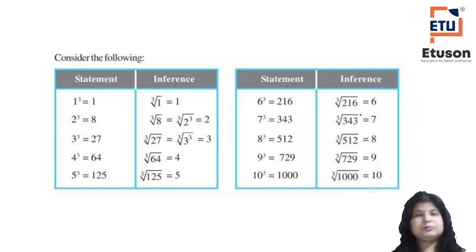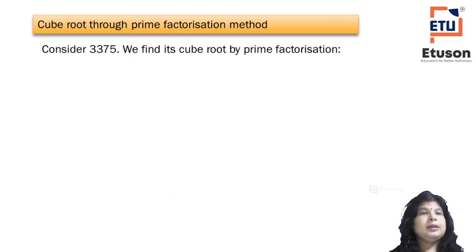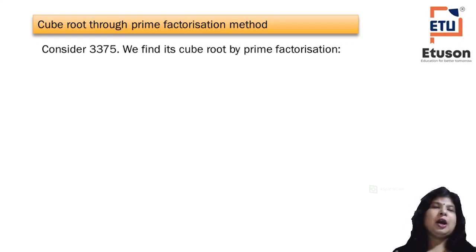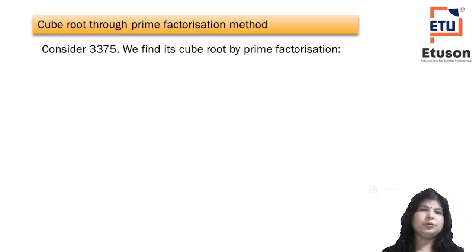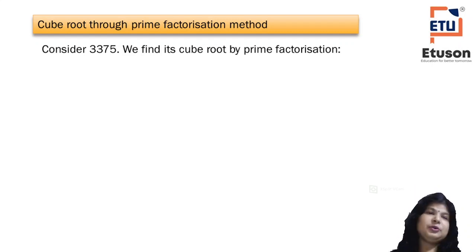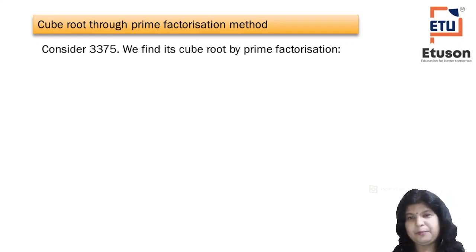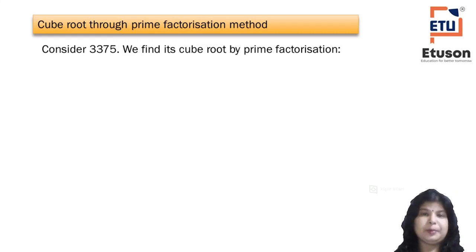Okay children, so now let us find out how to find out the cube root through prime factorization method. So we are going to learn how to find out the cube root of a number through prime factorization method. So if you remember in square root also what we did, we first found out the prime factors of the number.